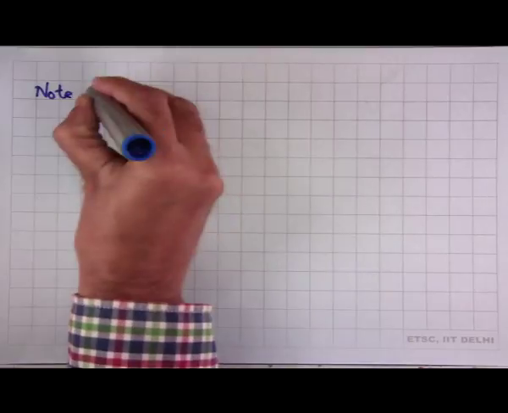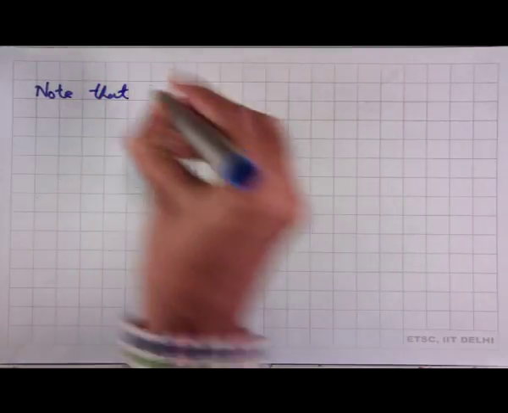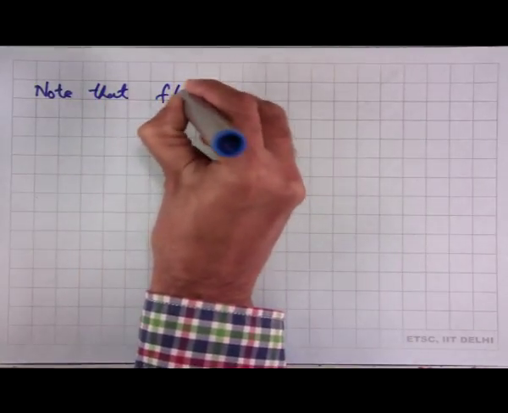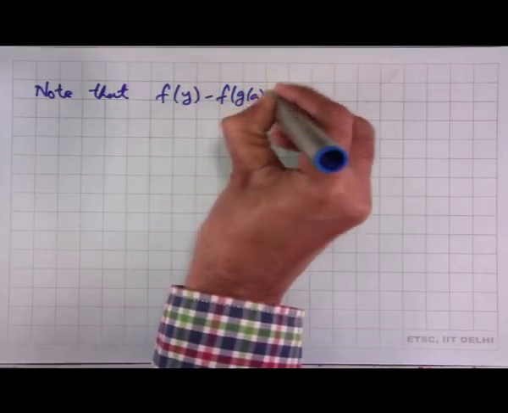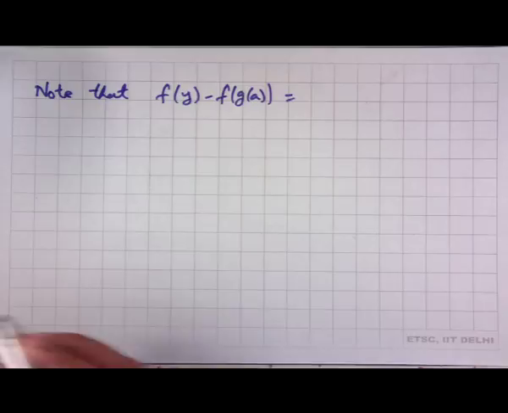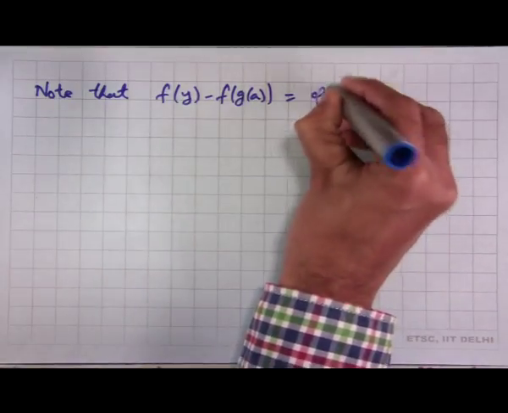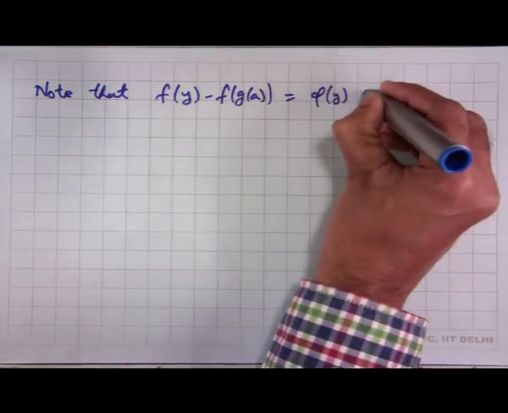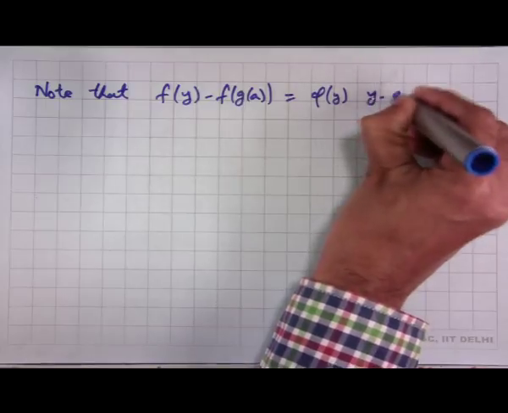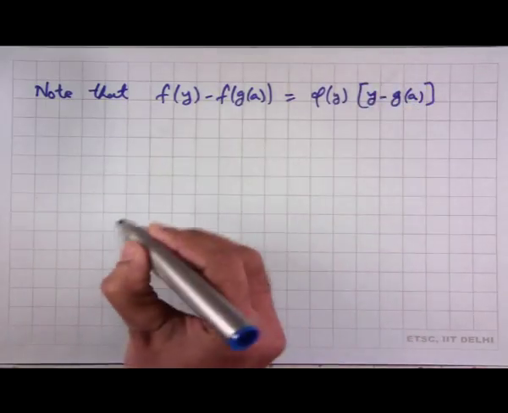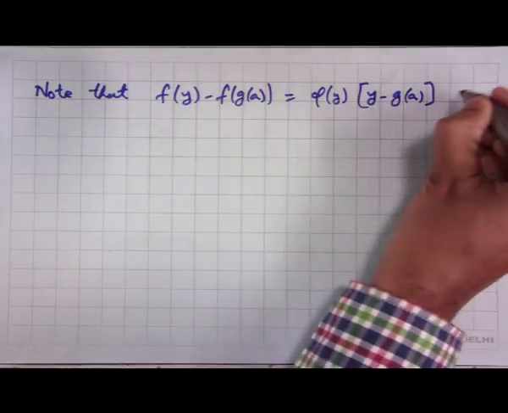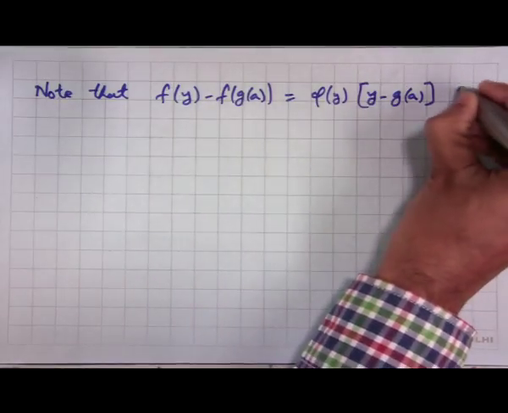Now, note that f(y) - f(g(a)) is equal to phi of y times [y - g(a)]. This is true for all y.